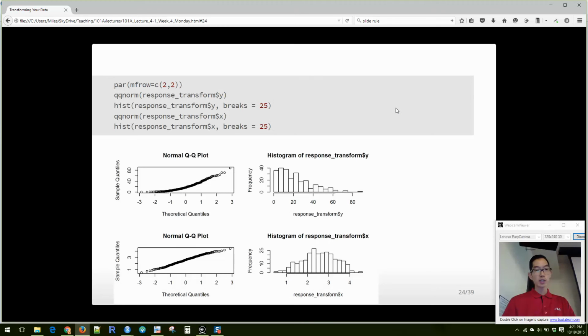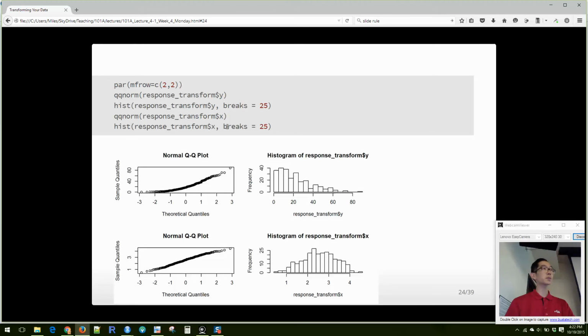Here's the QQ plot of y and a histogram of y, and the QQ plot of x and a histogram of x. It looks like x is kind of normalish, kind of symmetric, whereas for y there's definitely skew. We also notice that in our QQ plot, this is not a straight line.